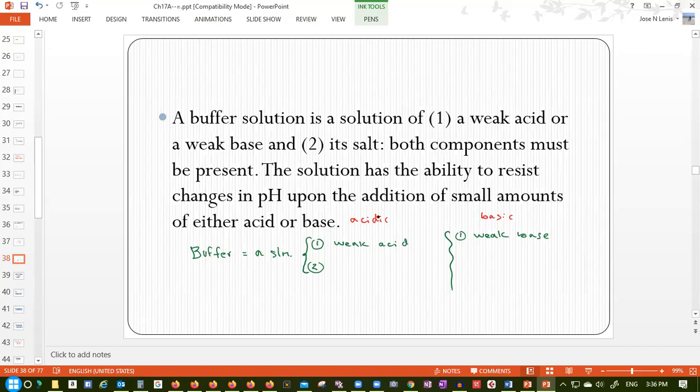So what is an acidic buffer? Well, any buffer that works with a pH less than 7. And any buffer that works with a pH bigger than 7 will be a basic buffer.